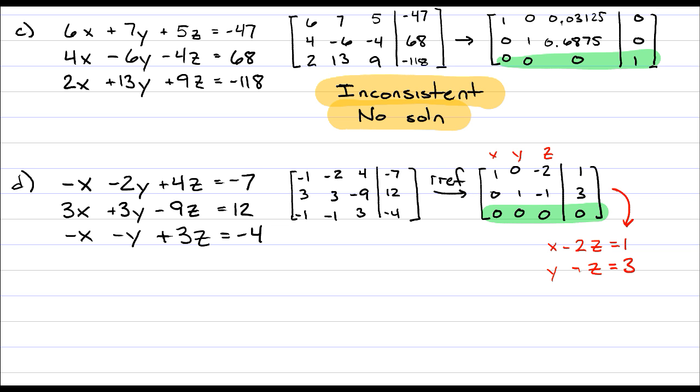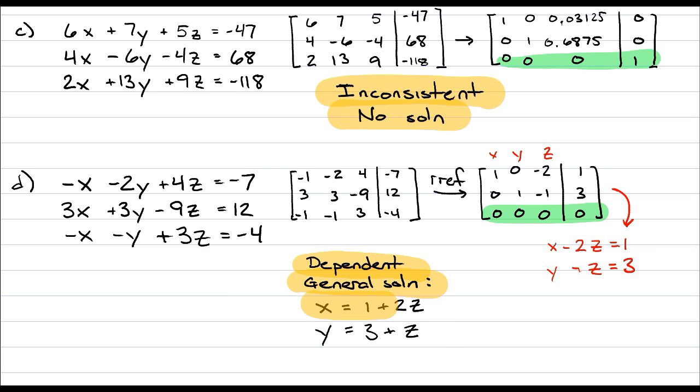So I'll simplify that in a second, put it in a slightly different form, but at any rate, my system is going to be dependent with a general solution given by x equals 1 plus 2z, y equals 3 plus z. Okay, that wraps up example 2.